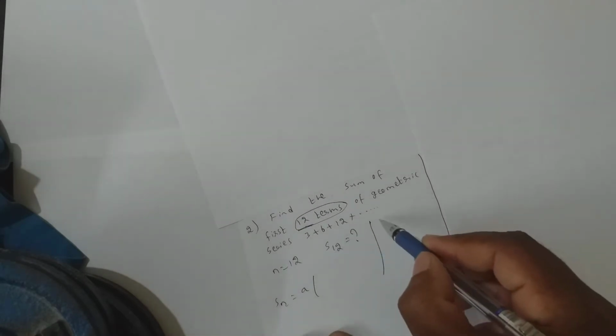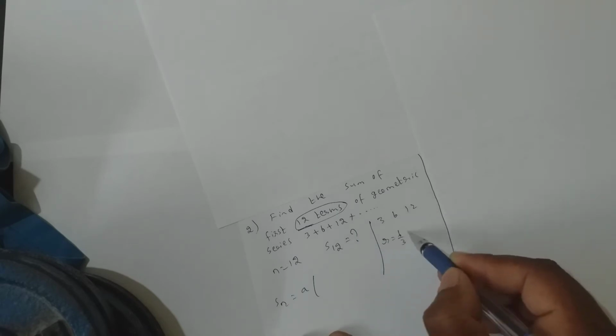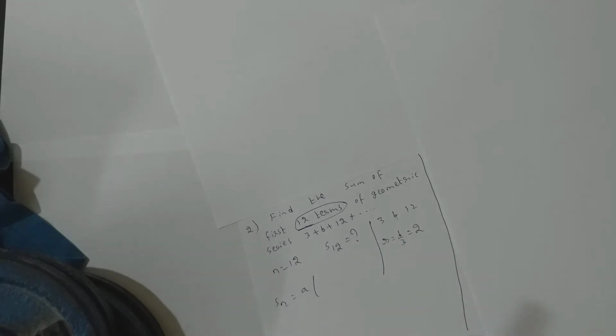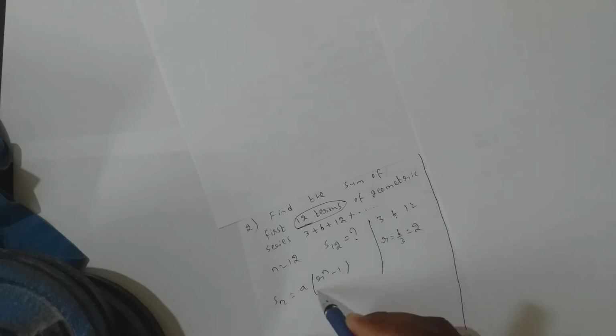This is the sequence 3, 6, 12. So my r is 6 by 3, which is 2. You divide the number by its previous number. So it is 2, greater than 1. So it is r power n minus 1 by r minus 1. So in place of a, what do I have? 3. So 3 into 2 power n minus 1 by 2 minus 1.